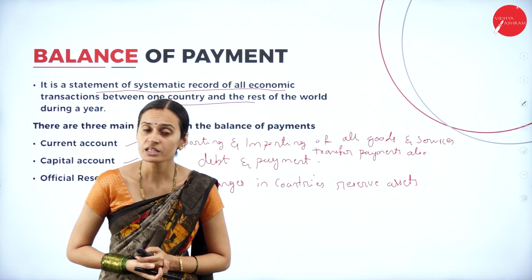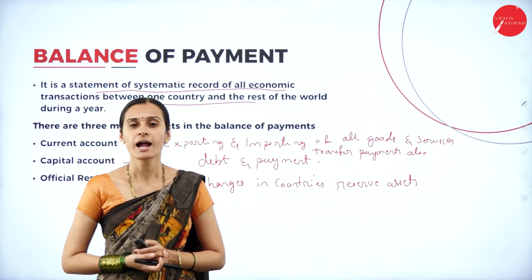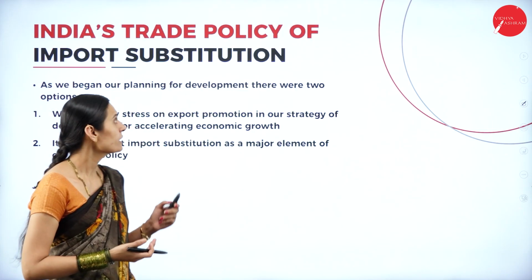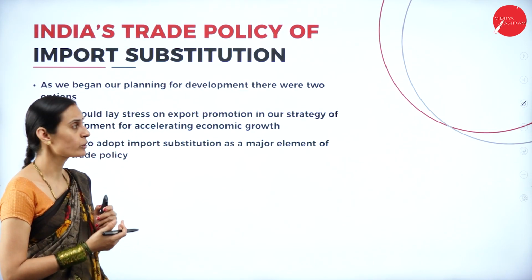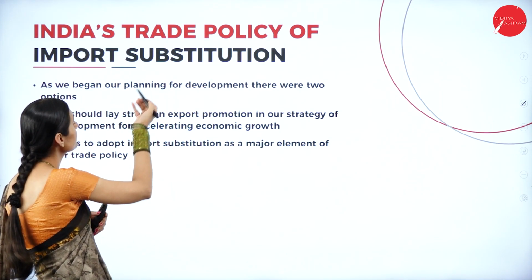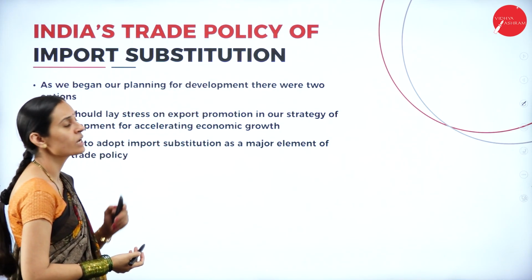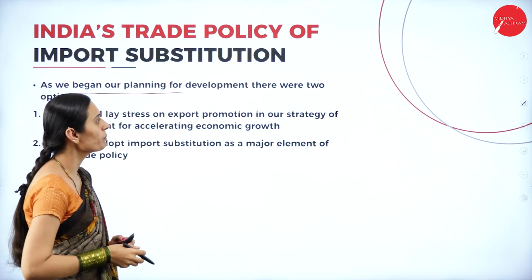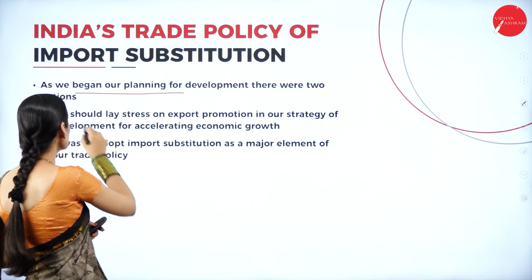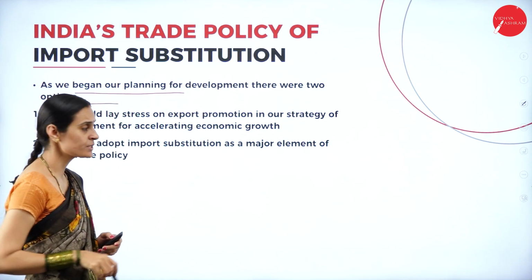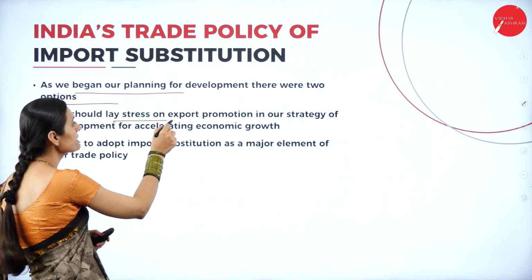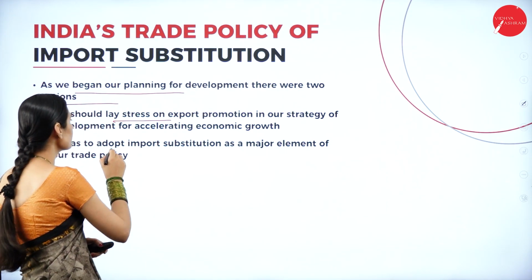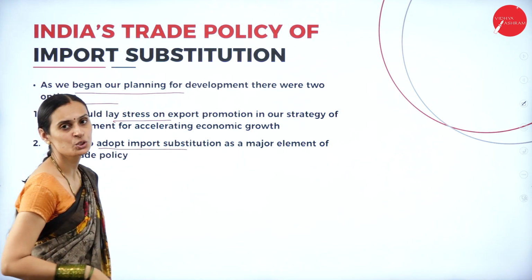First one, producing import substitute products and trying to increase export items. Import substitution, another important concept, is India's trade policy of import substitution. As our planning for development began, there were two important options. One is, yes, to lay stress on export promotion in our strategy, and second, to adopt import substitution.